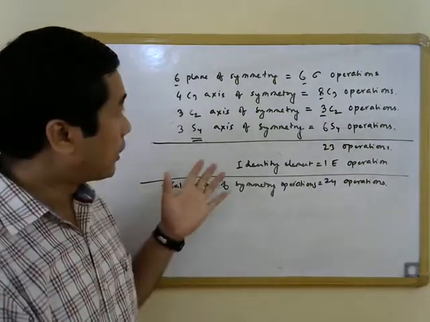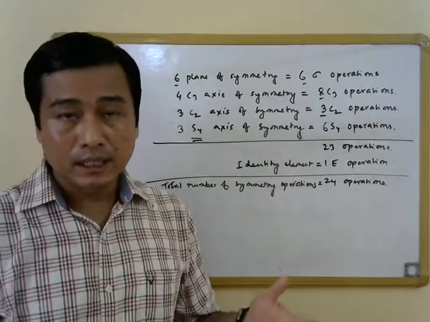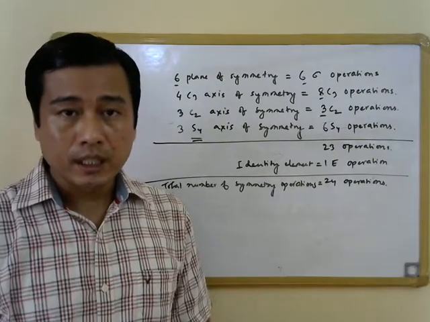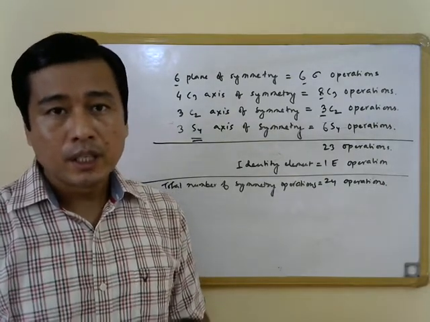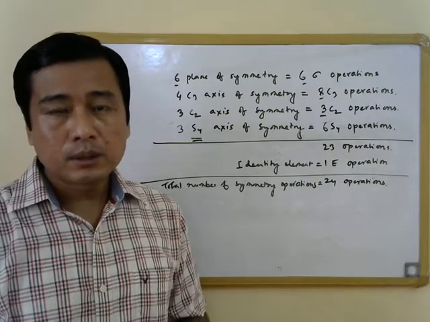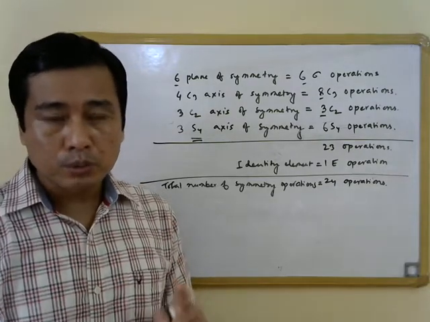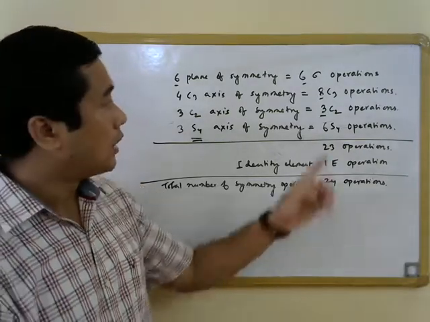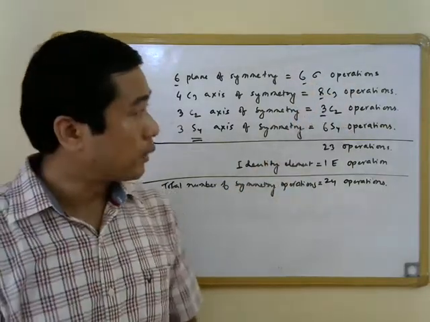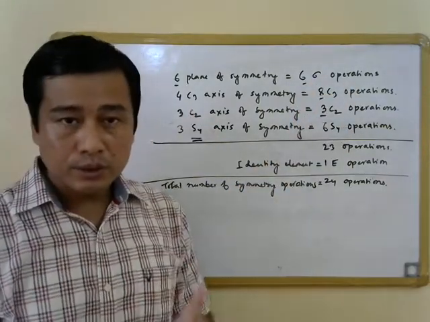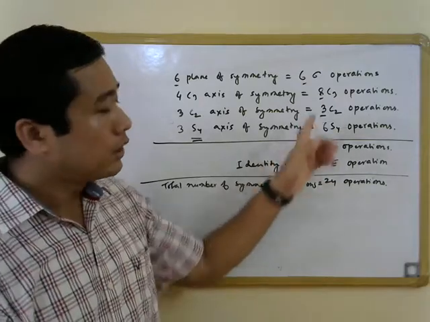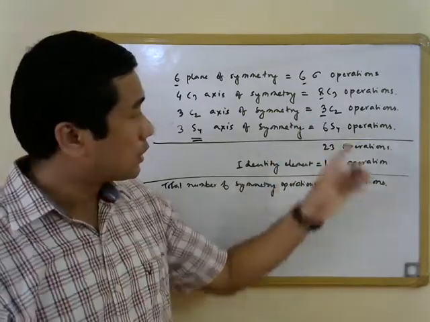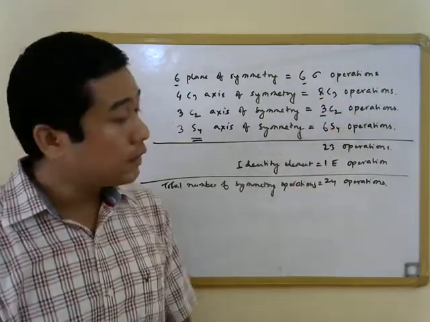So we have now reduced all symmetry operations in the tetrahedral molecule. That is, there are 6 planes of symmetry, and all of these six planes of symmetry produce one symmetry operation each, so there are a total of 6 symmetry operations. There are 4 C3 axes of symmetry, each of them produces 2 symmetry operations, so in total there are 8 C3 operations.